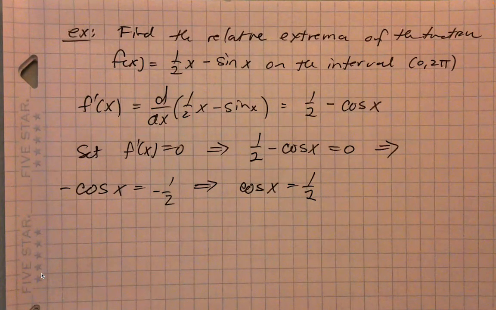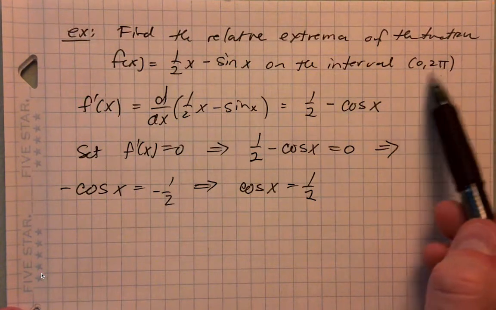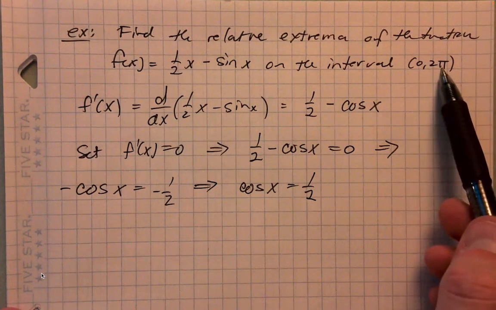Okay, and so if you remember back to your trigonometric equations, what the goal here is then to find some angle, in this case x, where the cosine is 1/2, and we have to observe that we're operating on the interval 0 to 2 pi.